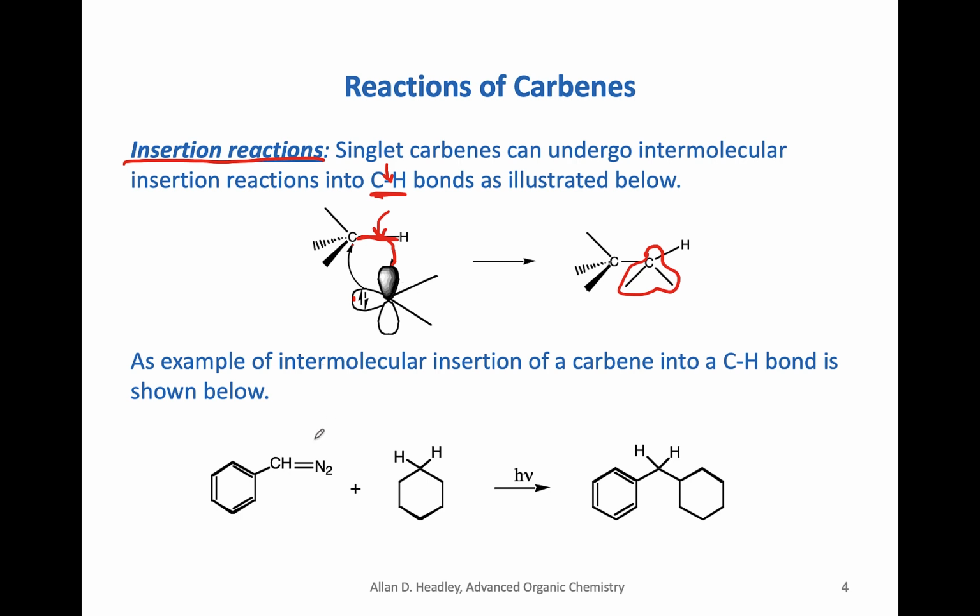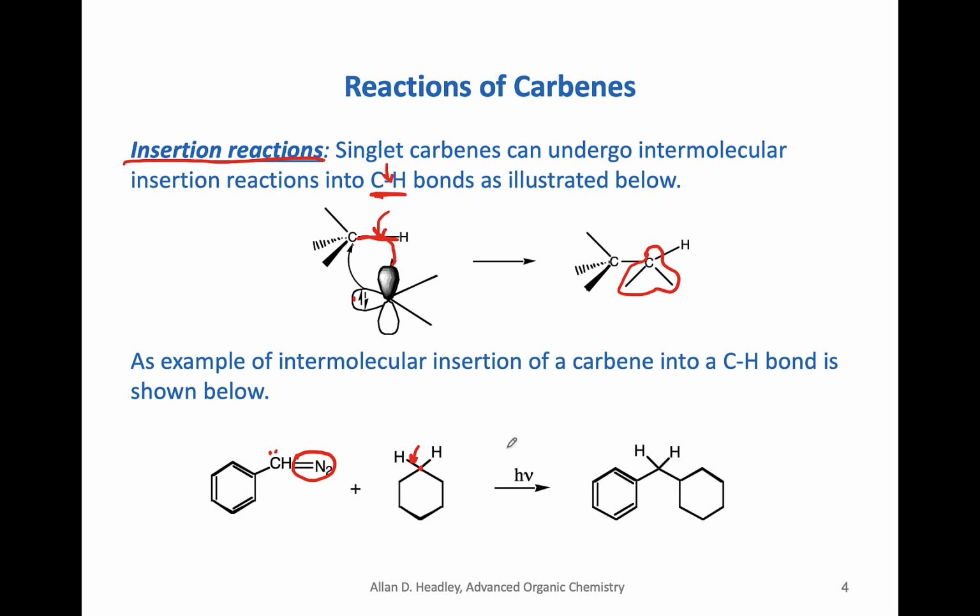Here is a specific example. So we have here in light, we have the carbene that can be generated by the loss of nitrogen. You may recall that reaction. So it gives the carbene right here, and it can insert into this CH bond.